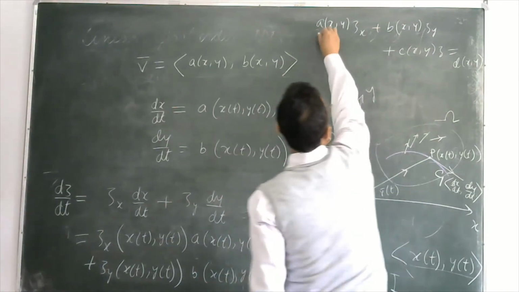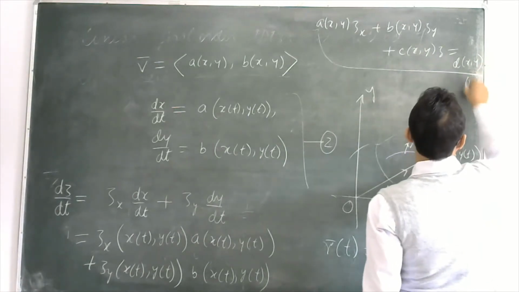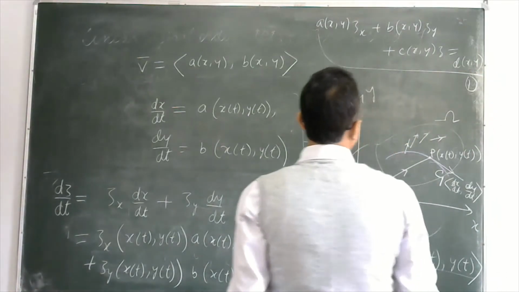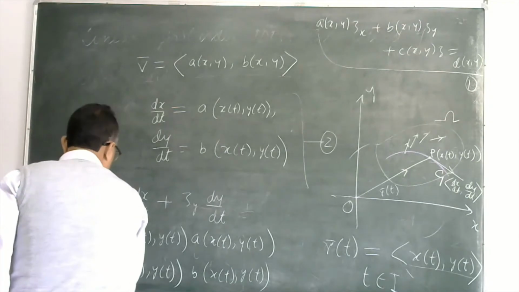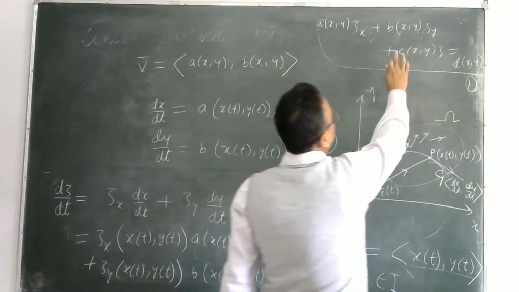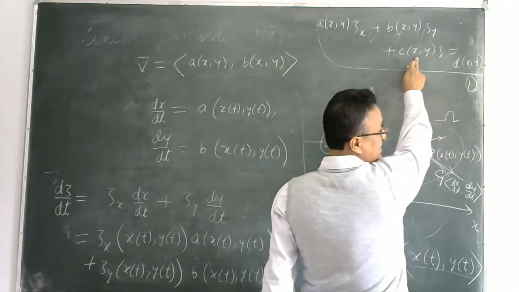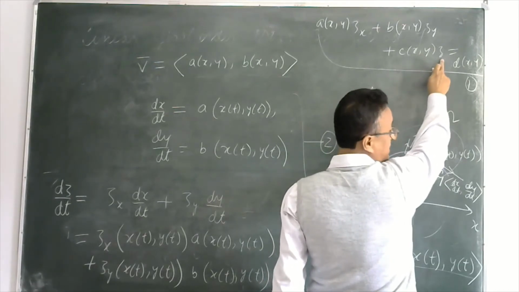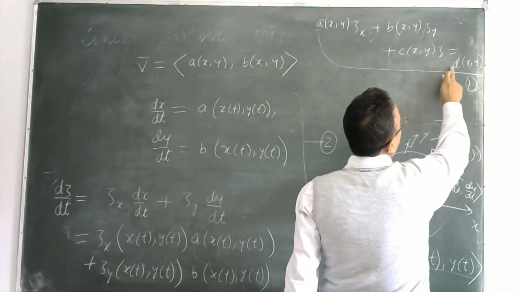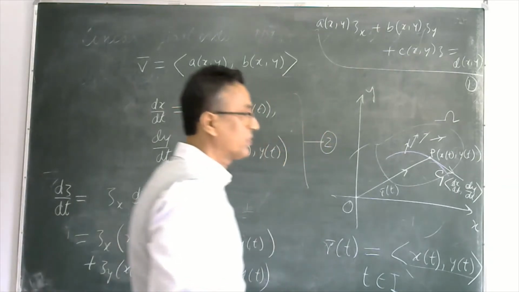But from the given equation, which I call 1, you can see that this is nothing but minus c(x,y) j plus d(x,y).